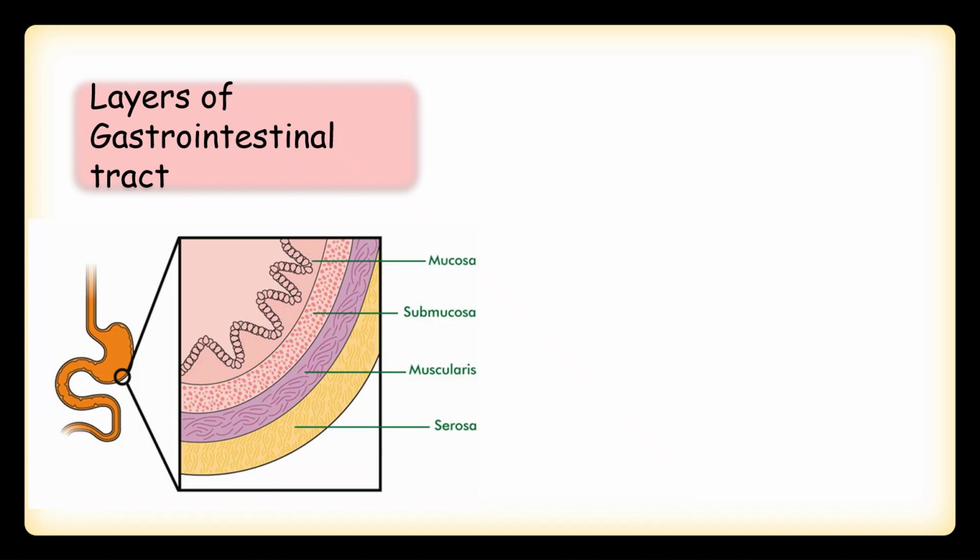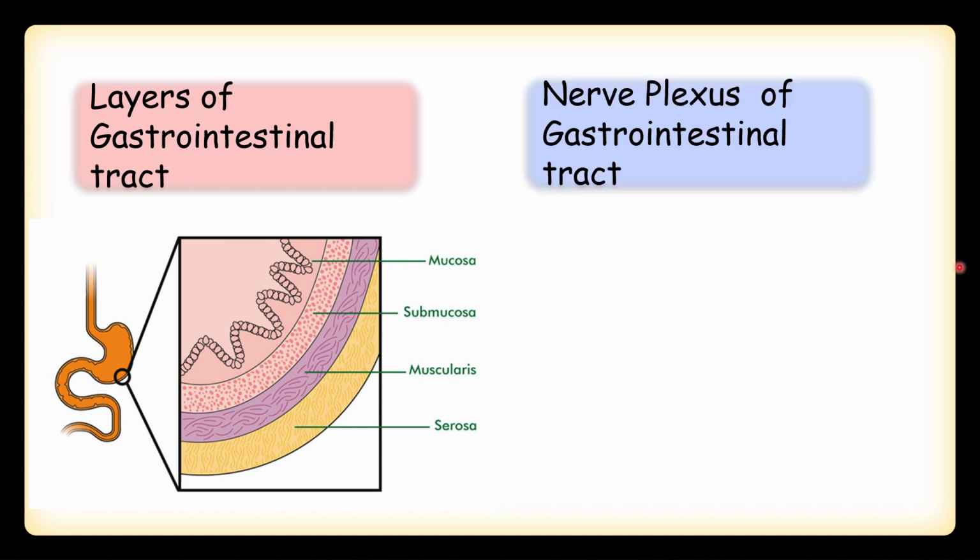So first we will see in detail about the layers of the GIT. As we all know, there are 4 layers in the GIT starting from inside. First is mucosa, second is submucosa, third is the muscularis layer, and fourth is the serosa layer. These are the 4 layers of the GI tract, followed by the nerve plexuses present in the GIT.